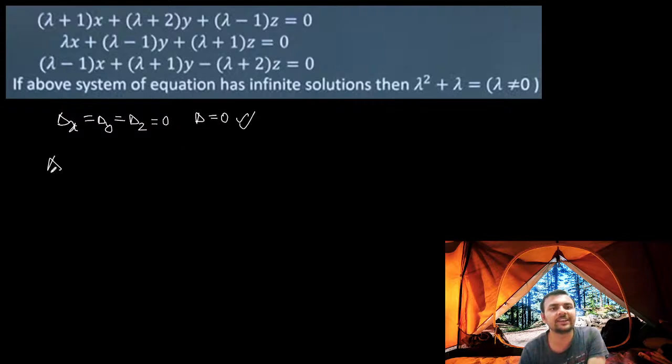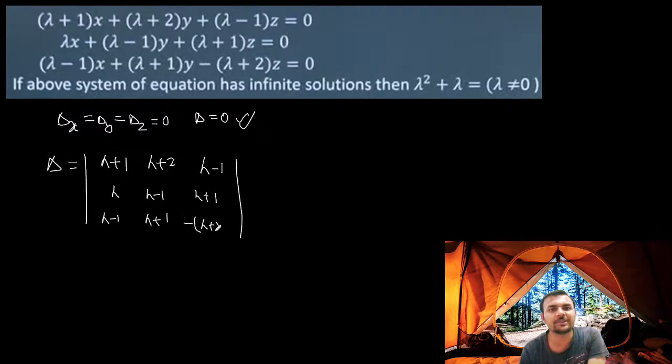So delta is what? Lambda plus 1, lambda plus 2, lambda minus 1; lambda, lambda minus 1, lambda plus 1; lambda minus 1, lambda plus 1, minus lambda plus 2.